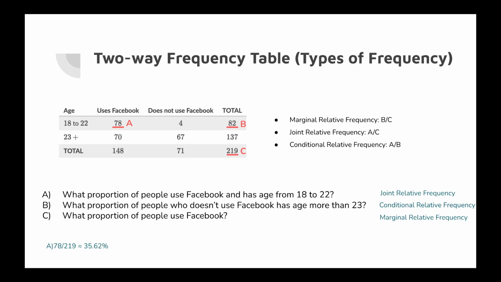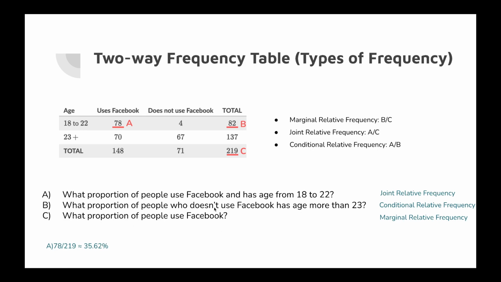Second, what proportion of people who don't use Facebook has age more than 23? Since it is conditional relative frequency, we have to divide the specific number by the partial sum. So let's first look at the population.